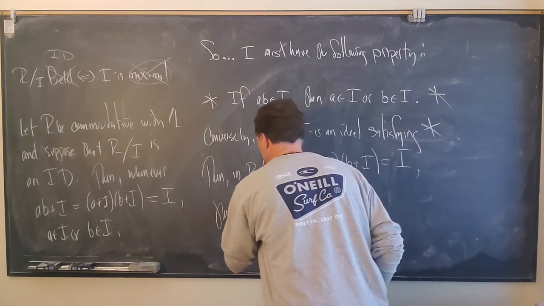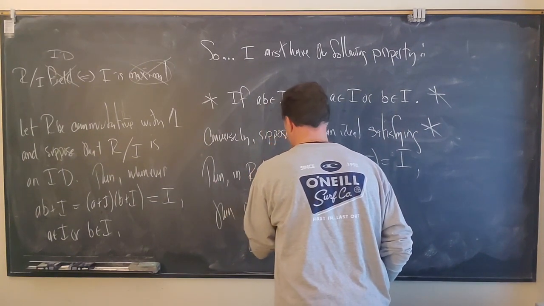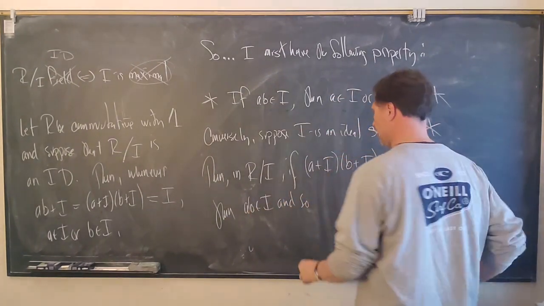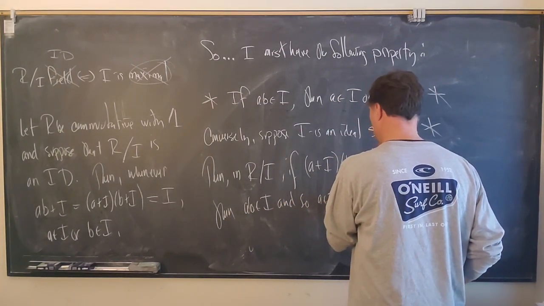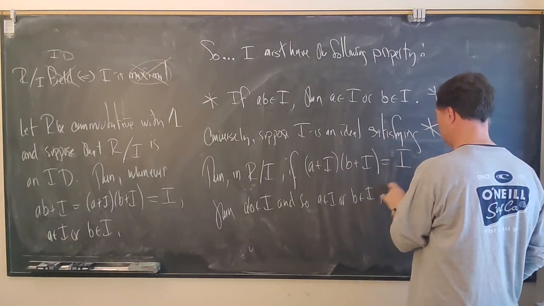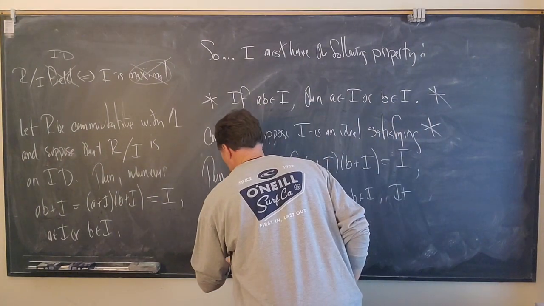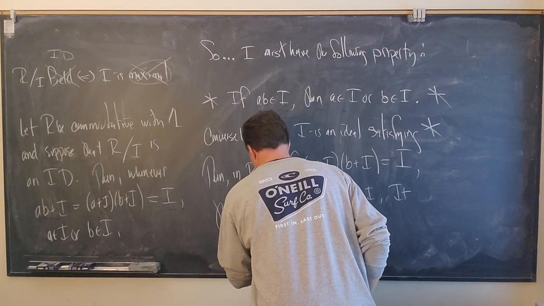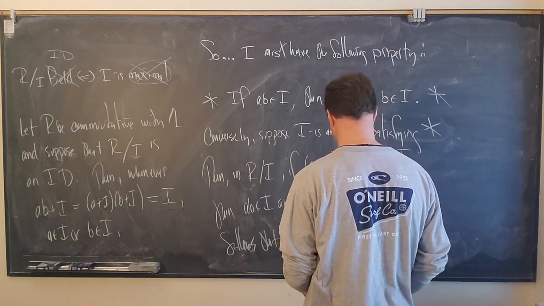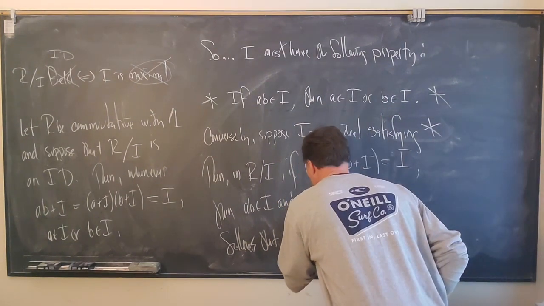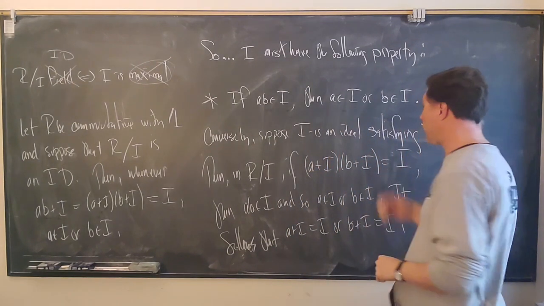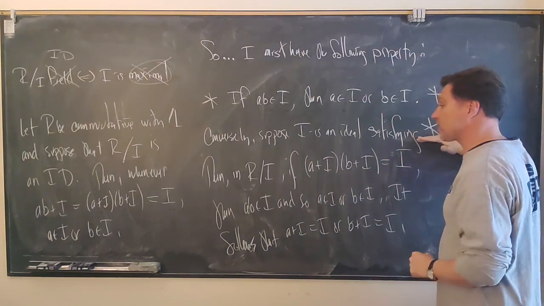Well, then AB is an element of I. And so that means that A is in I or B is in I because of this property. So it follows that A plus I equals I or B plus I equals I.